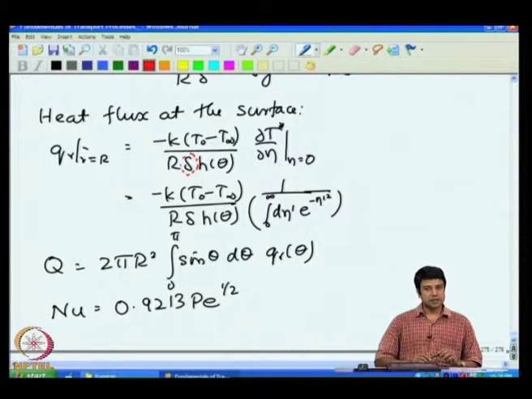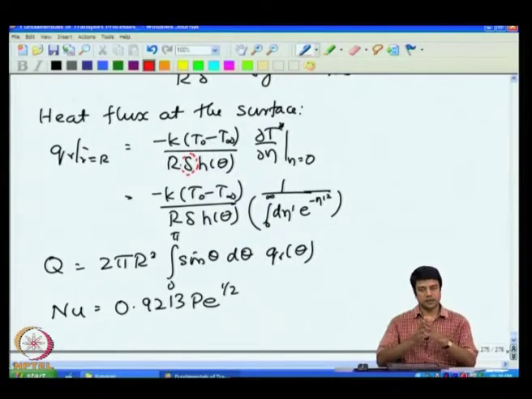So, to summarize everything that we have done in this series of lectures on high Peclet number transport, when the Peclet number is large, convection is large compared to diffusion. However, very near the surface there is a region over which diffusion is still important, because convection cannot transport material from the surface to the fluid, because there is no velocity perpendicular to the surface. Thickness of that region is determined by a balance between convection and diffusion by postulating a length scale within that region over which diffusion is comparable to convection.